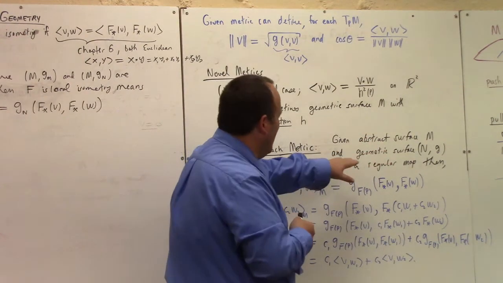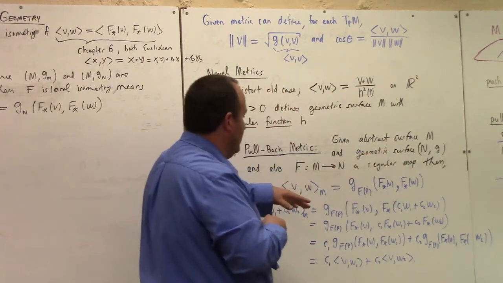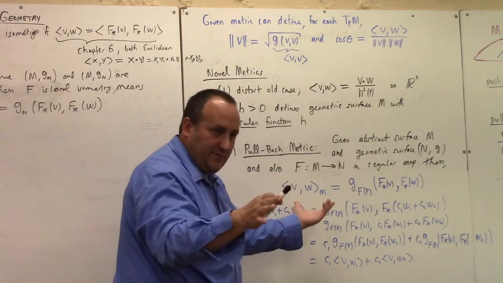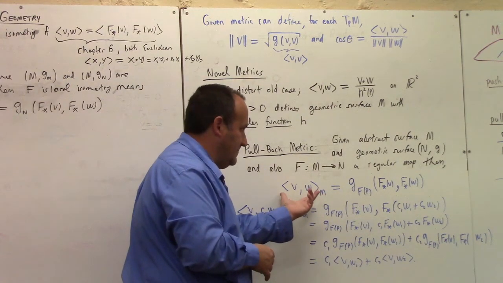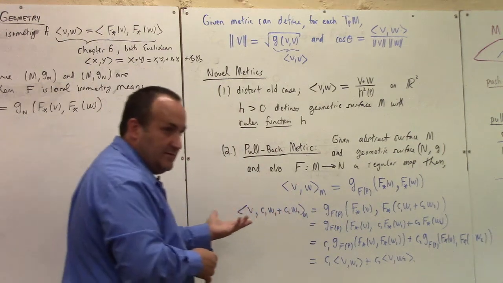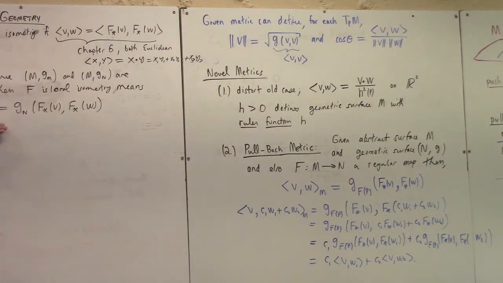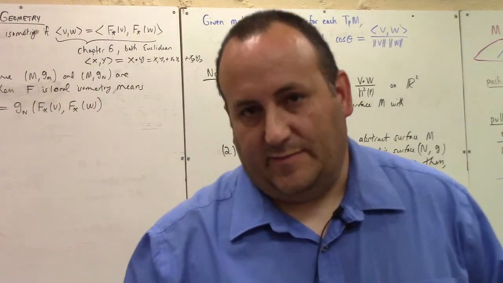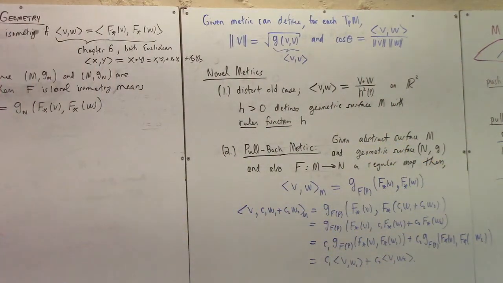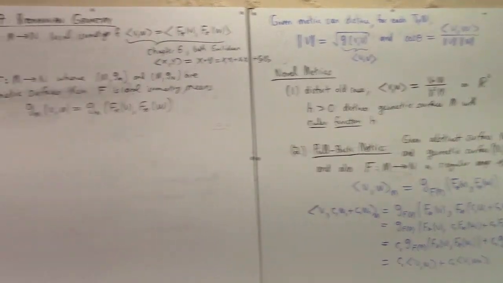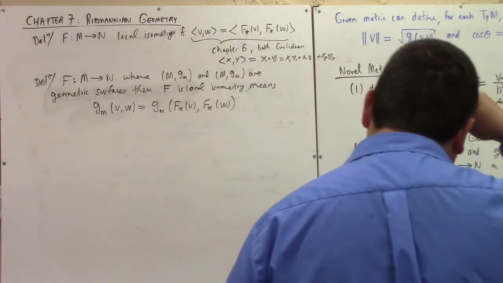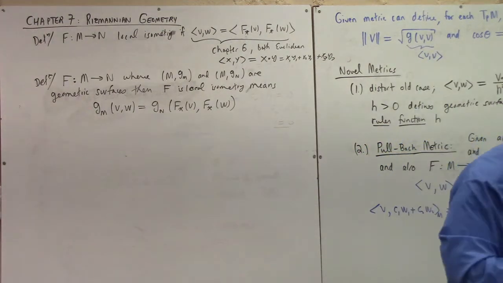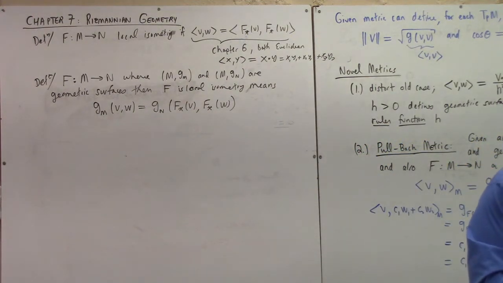Once we give M this metric, which we just proved is a metric, then it is locally isometric to N because the dot product is preserved. Essentially by definition, you force it to be a local isometry. Very sneaky.